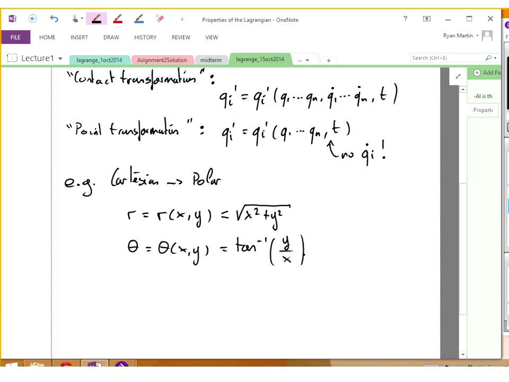So that is an example of a point transformation. And it's actually almost okay, right? But if x equals 0, there's a problem. And that's the case when r equals 0. So it's not completely continuous right at the origin. So you have to write it as a special case when r equals 0.